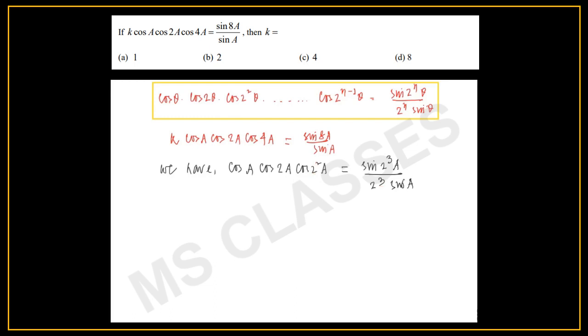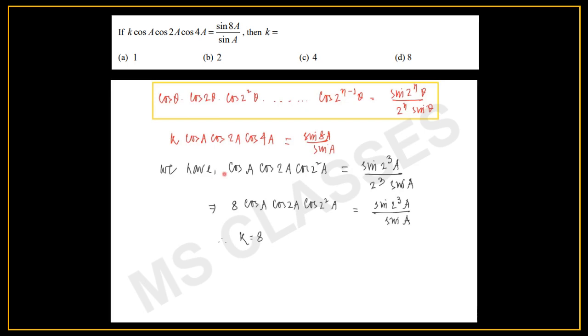Now from this we can just rearrange this and write 8 cos a cos 2a cos 2 square a equal to sine 2 cube a by sine a. Now from this what we can say that k equal to 8.